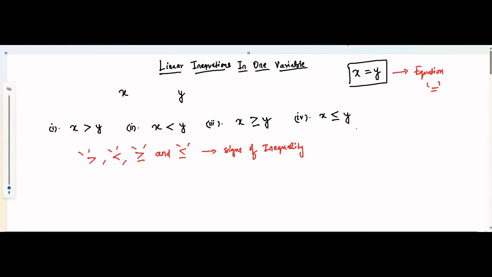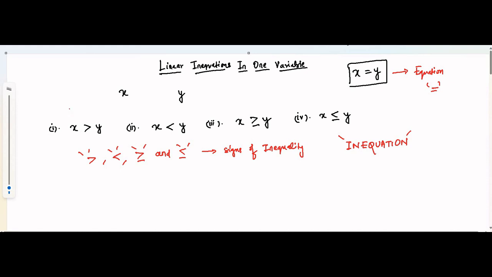And each of these is called an inequation. Wherever you find these kinds of signs, relationship, greater than, lesser than, greater than or equal to, lesser than or equal to, it is called an inequation.